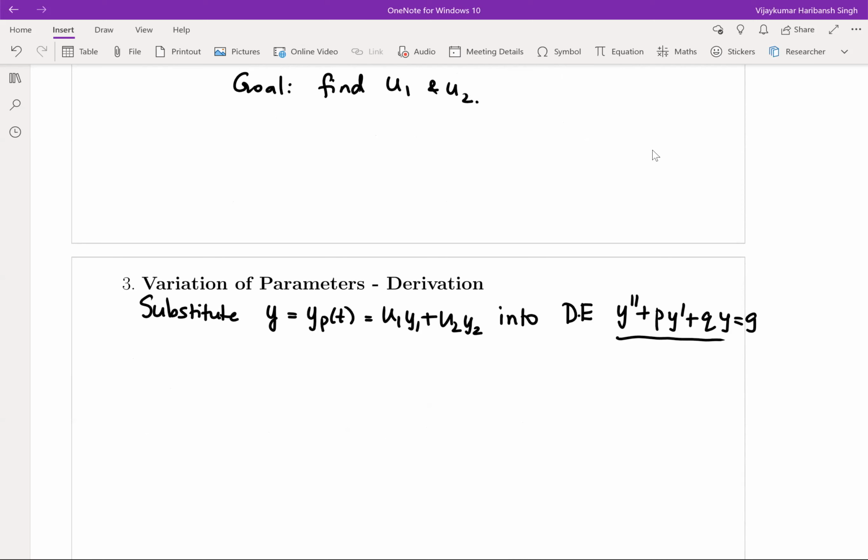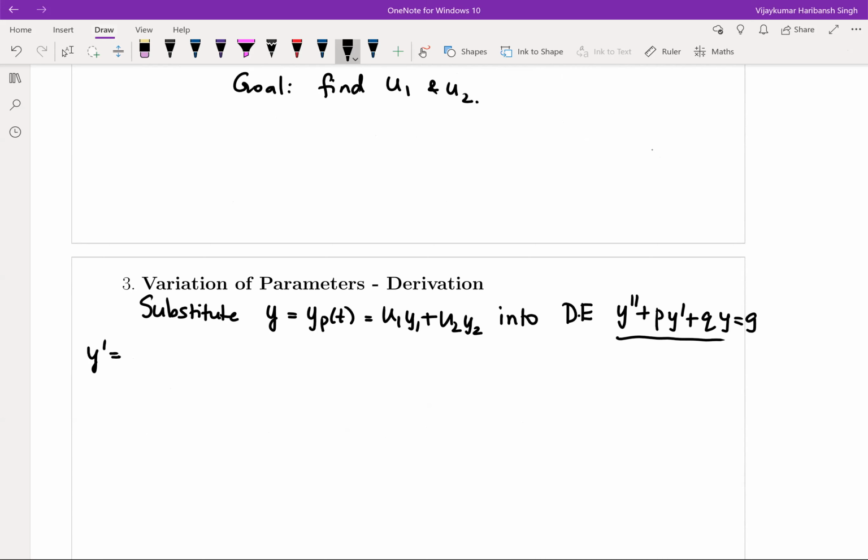So let's see, what is y prime? For y prime, you have to use the product rule in both of these. The product rule here will give me u1 prime y1 plus u1 y1 prime, and using the product rule in this part, we'll get u2 prime y2 plus u2 y2 prime.